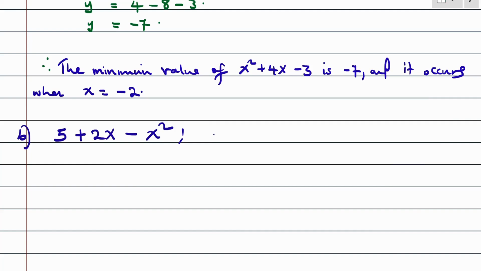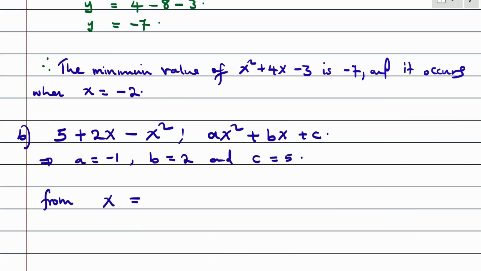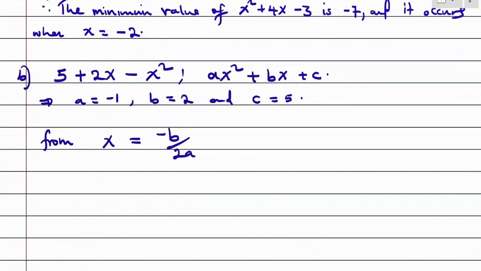In the same way, by comparing this with the general form of the quadratic expression, we see that a equals negative 1, b equals 2, and c equals 5. Then from x equals negative b divided by 2a, it implies that x is equal to negative 2, because b is 2, divided by 2 times a, which is negative 1.